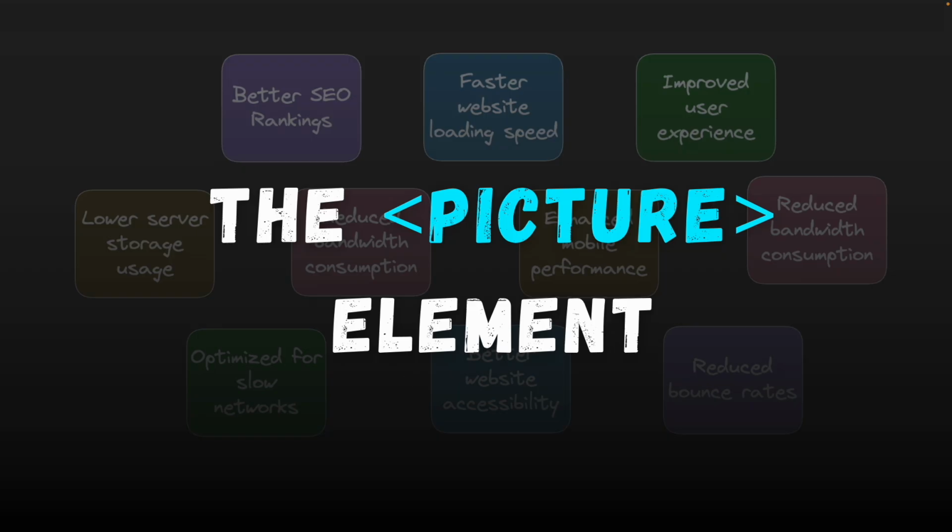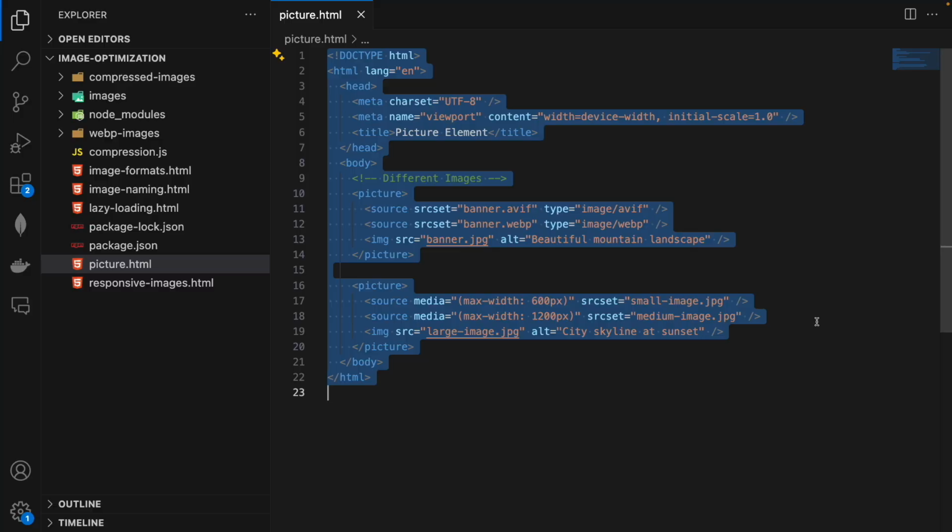Now the last thing we need to cover for this video is the picture element. You are going to serve different image formats and size. The picture element allows you to serve different images based on the screen size, whether you are on the mobile device or on the desktop. And it also has browser support.